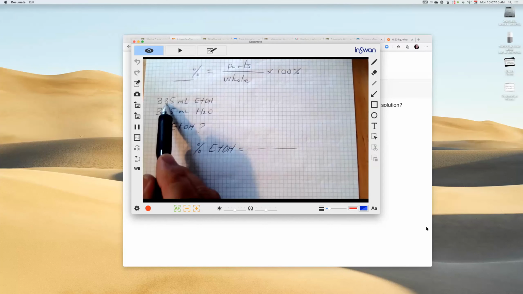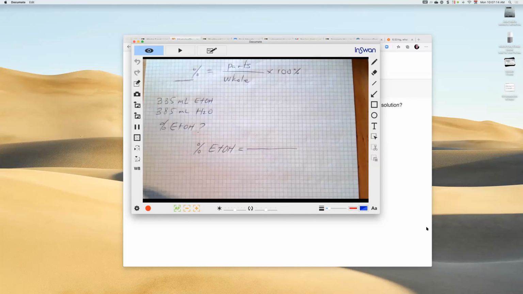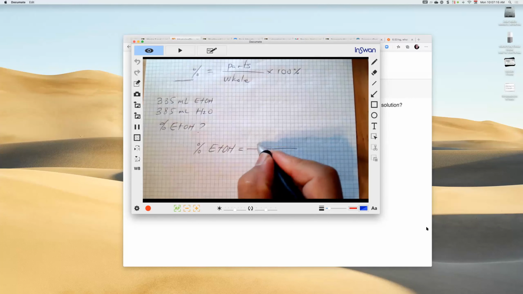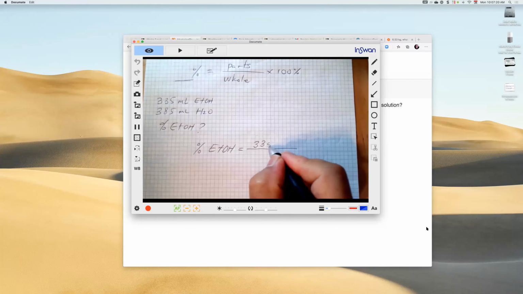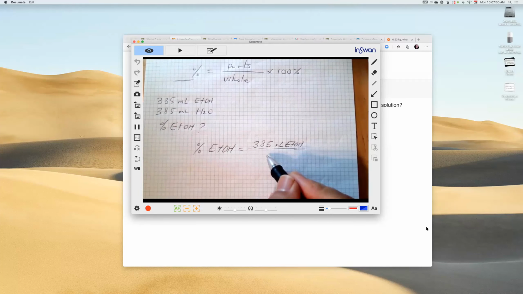We're given the amount of the parts of ethanol, 335 milliliters. So we're gonna put that verbatim, exactly as it appears on the problem. Okay? Now, the bottom is not given to us written, but do we have it? Can I have feedback from anyone? Do we know what is the whole?